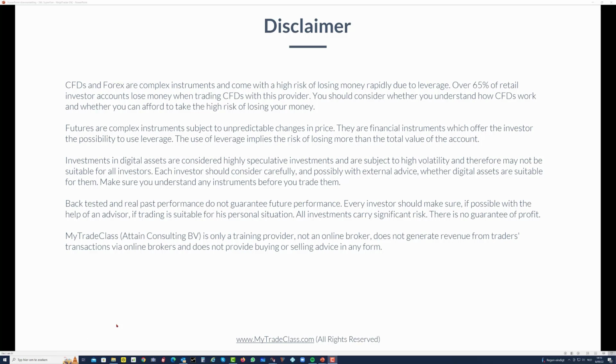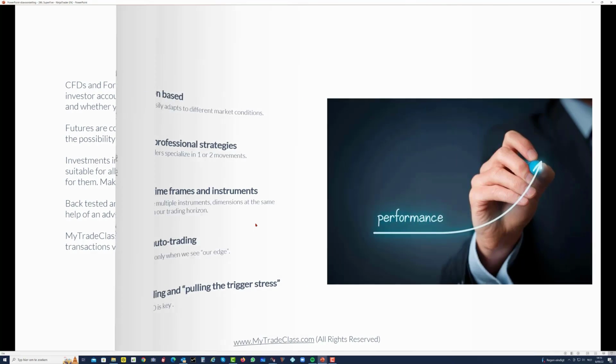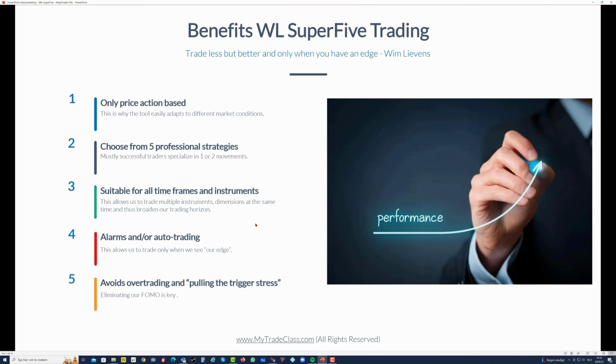And now let's begin and talk about this new tool, WL SuperFive, which actually is the practical implementation of my online course. Now, I've been trading since 1998, and I must say for the last 10 or 11 years I've only traded price movement.